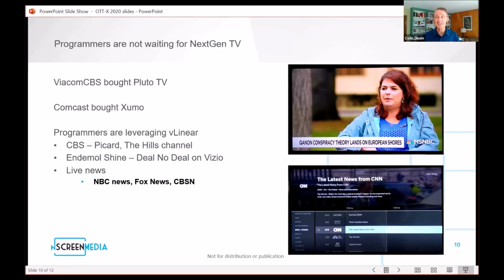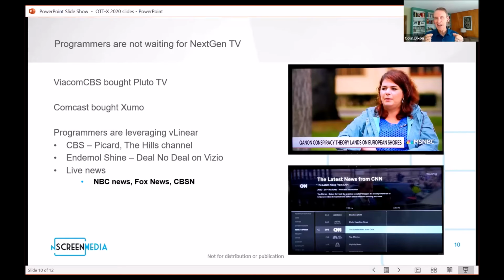And programmers also are jumping on this. CBS, well, obviously CBS will be, because they purchased Pluto TV. Endemol Shine, who of course is really big in reality and live type game shows, that type of thing. They have jumped on virtual linear channels in, for example, the Vizio TV. They announced a deal with Vizio where they're providing channels themed around shows.